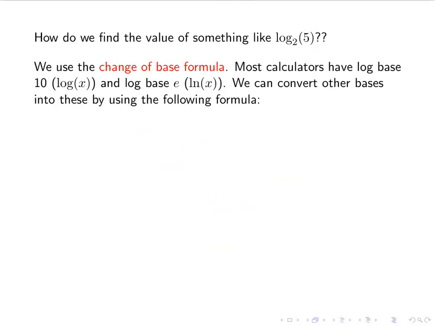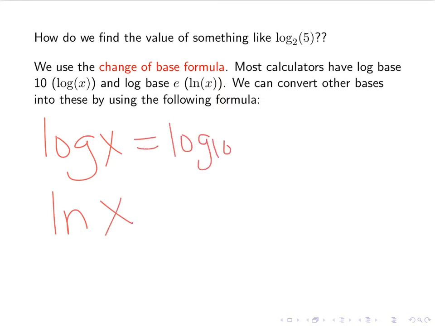What we're going to do is use what's called the change of base formula. Most calculators have something that looks like log of x, and they have something that looks like ln x. So log x is log base 10, and ln is log base e.